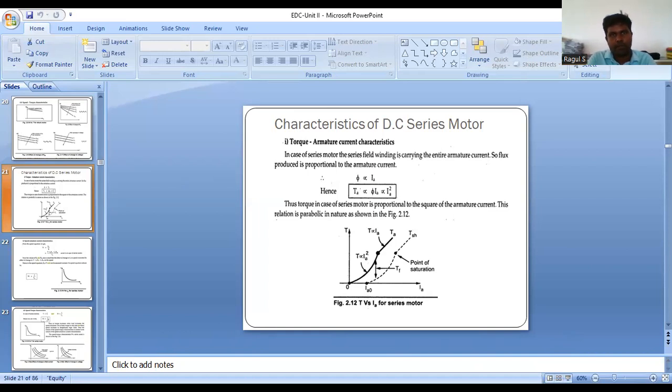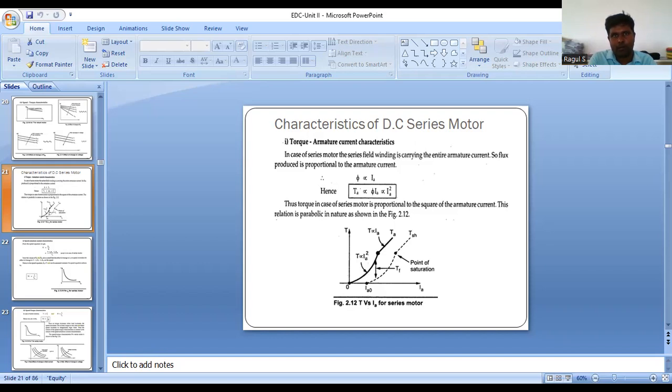We can make the relationship of torque and speed clear through torque versus armature current as well as speed versus armature current. Then only can we clearly understand the relationship between torque and speed. That is the main characteristic of all types of DC motors.